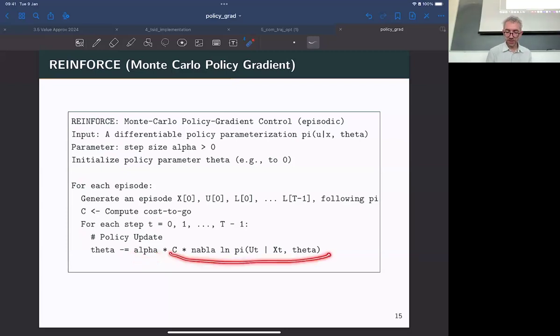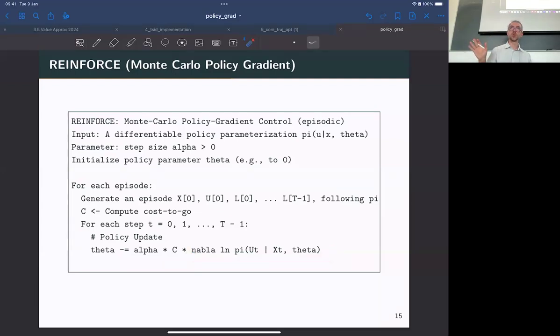And the gradient is simply the total cost of the episode times the gradient of the log probability of the policy, evaluated at the state and controls that were actually used during the episode.